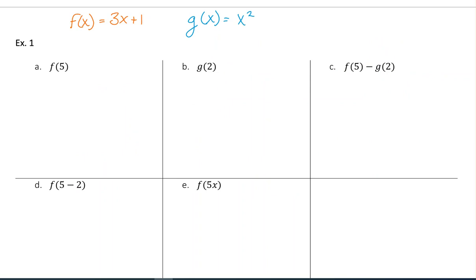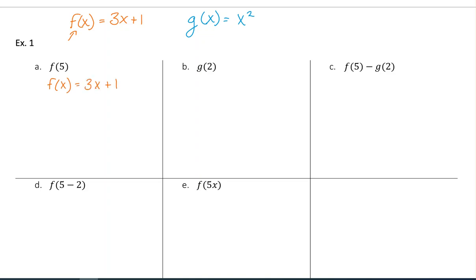For this last part, we were given a number of examples, and I've rewritten the equations at the top for reference. The first example, in A, is asking what f of 5 equals. We're using this equation because it's referring to f of x. So I'm going to write that out: f of x equals 3x plus 1.